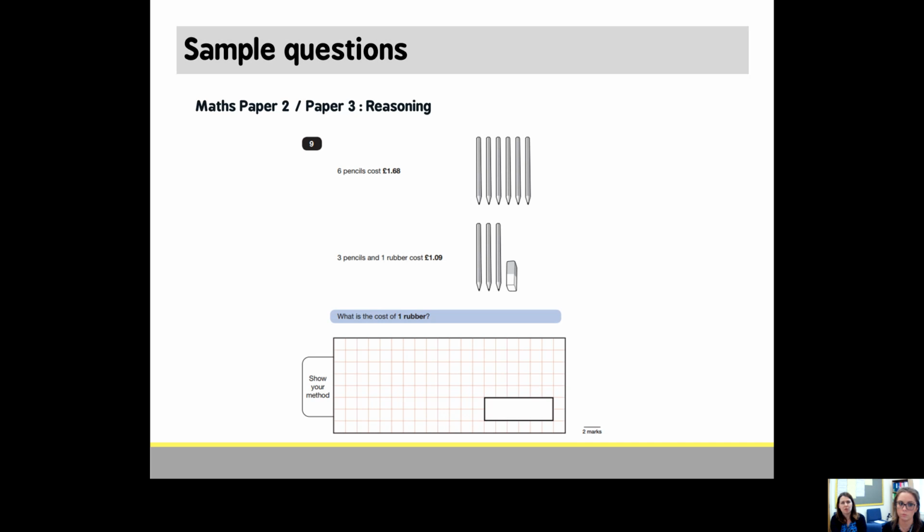So here, for example, you've got your six pencils costing a certain amount, and then three pencils and one rubber costing a certain amount. And then the question is asking what's the cost of one rubber. Again, we're teaching them to be really careful and checking what the question's actually asking. So there they'll be using their division skills to work out the three pencils, and then working out what the rubber costs from there. Okay.